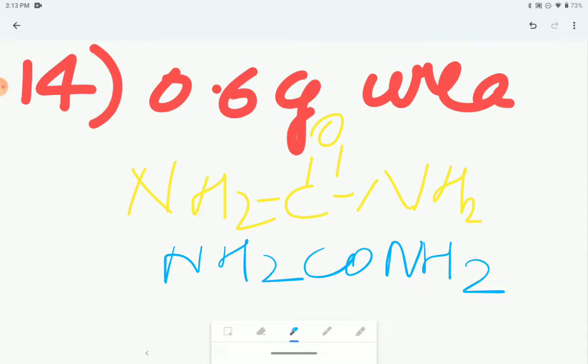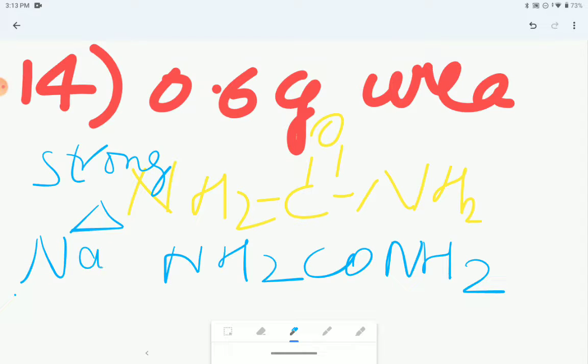So it was given that 0.6 grams of this urea on strong heating with NaOH evolves NH3.